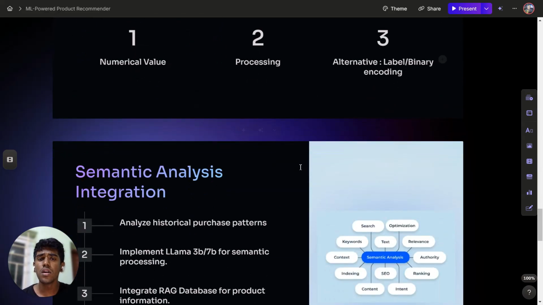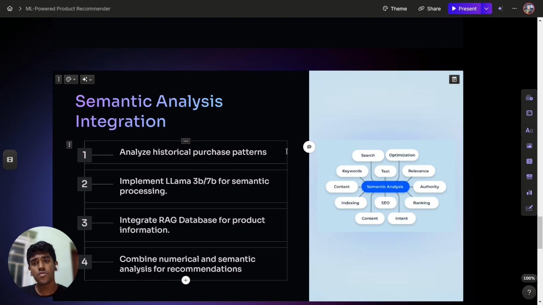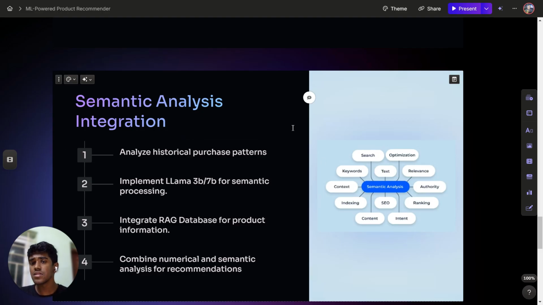Going on, while we have already seen our clustering as well as traditional ML approaches, now I want to introduce something more. Let's say a user has some historical purchases. While I have that data, I can analyze those historical purchases. Let's say one person buys a phone or a laptop.